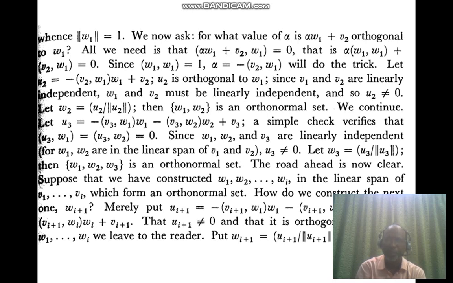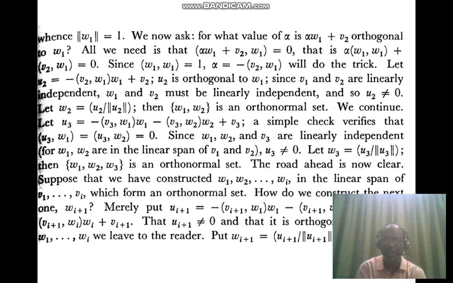For that, first take v1, from which w1 has come. Now take the next vector v2. Now I have w1 and v2. What is this construction? Consider alpha w1 plus v2.